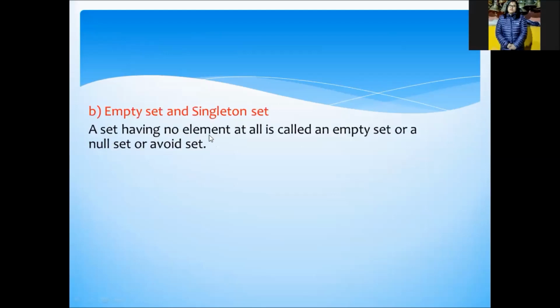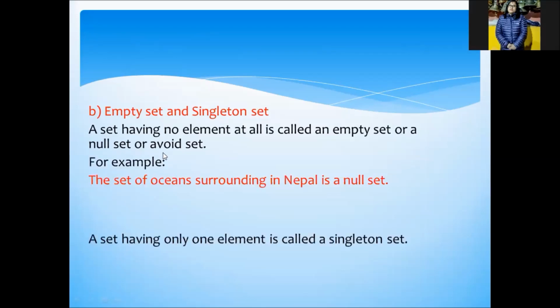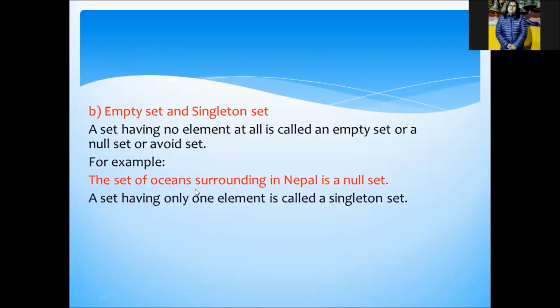Next type is empty set or singleton set. A set having no elements at all is called an empty set or a null set or a void set. For example, the set of oceans surrounding Nepal is a null set.